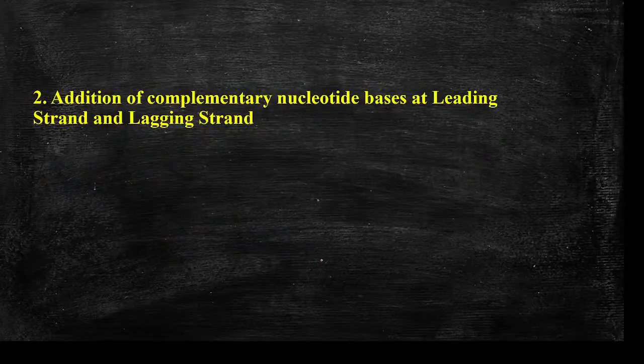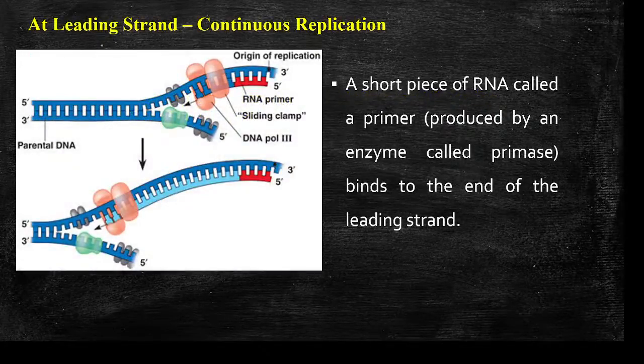The next stage is the addition of complementary nucleotide bases at the leading and lagging strand, which happens in a different manner. At the leading strand, we call this a continuous replication process. Why we call it this, you will know by the end of this slide.